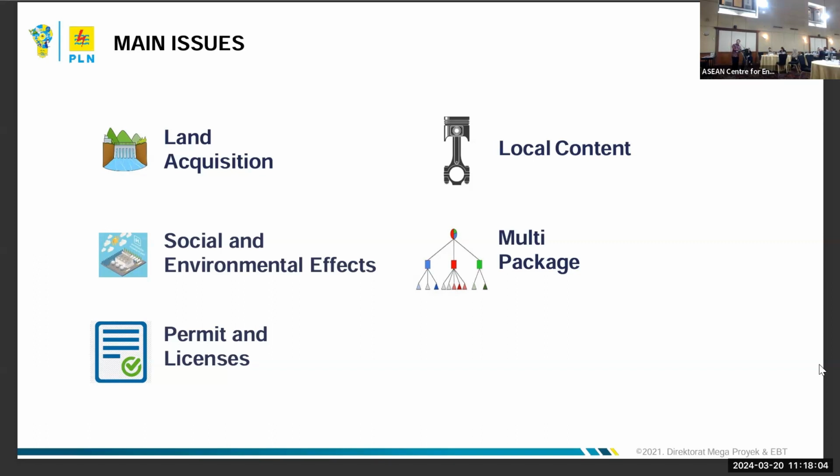What is the problem? All development banks cannot accept the local content clause in their procurement guidelines. So at the moment, the banks cannot proceed with the funding.